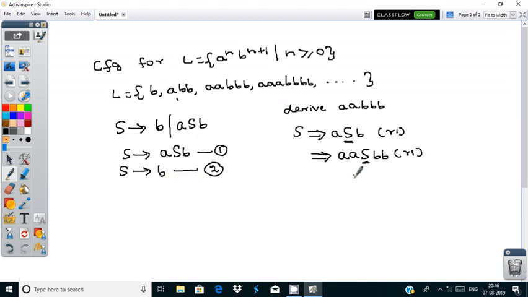S is replaced by b, and finally you get aa triple b. So you can write: S derives aa triple b in 0 or more number of steps.